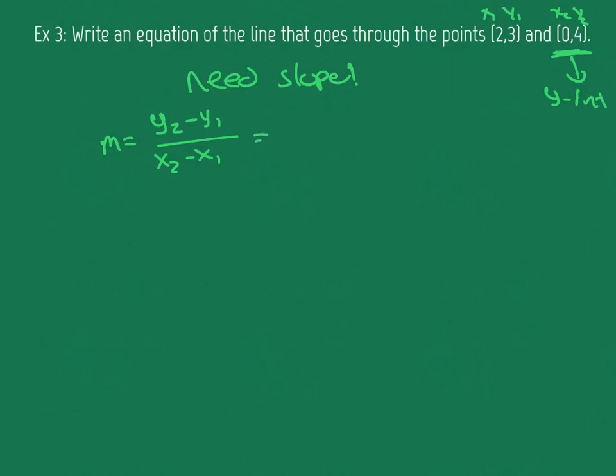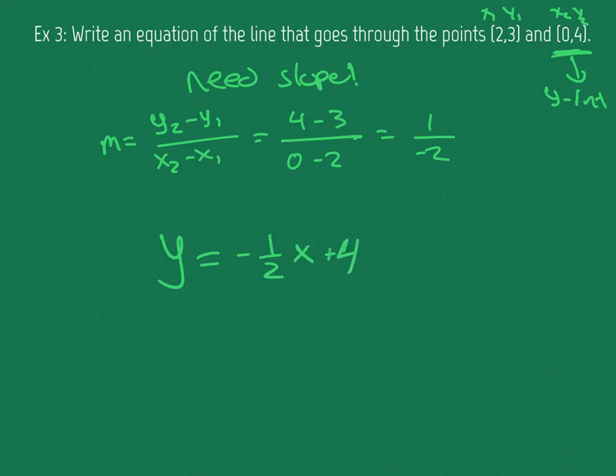So y2 minus y1 is 4 minus 3 over x2 minus x1 is 0 minus 2. On the top I get 1, the bottom I get negative 2. So there's my slope, negative 1/2, and my y-intercept is 4. To get my equation, it's just going to be y equals negative 1/2 x plus 4.